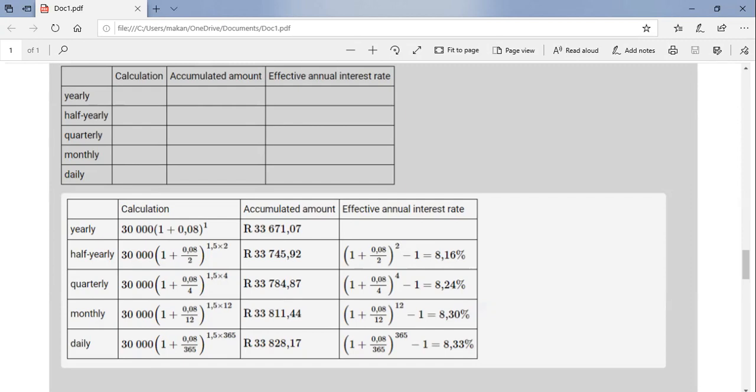When you do it quarterly, it can be much better than when you do it annually, because at least you get interest 4 times in a year, whereas annually means you'll just get interest once a year.